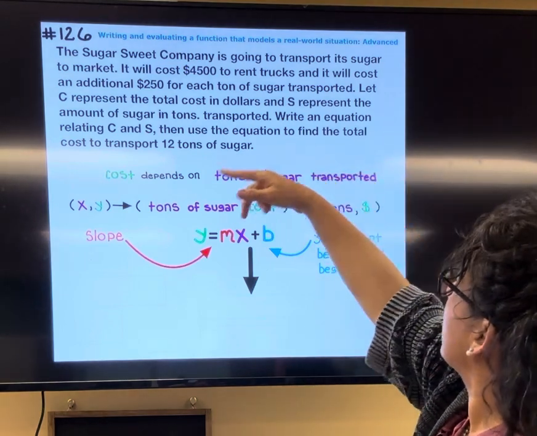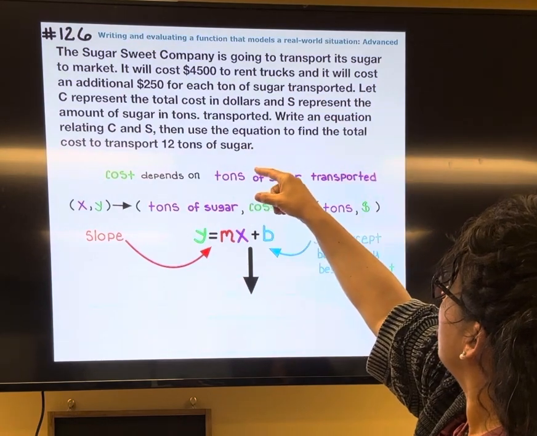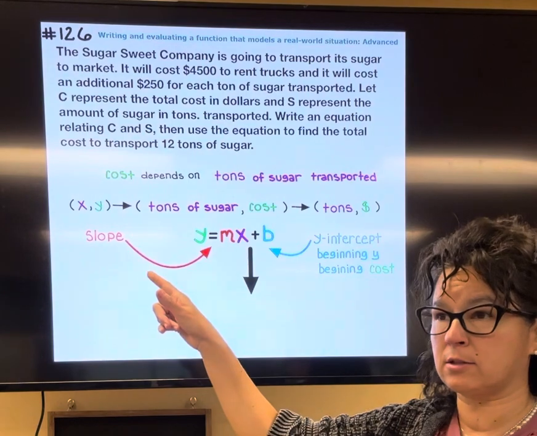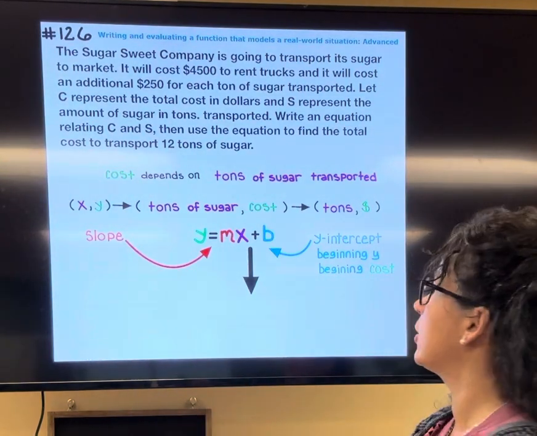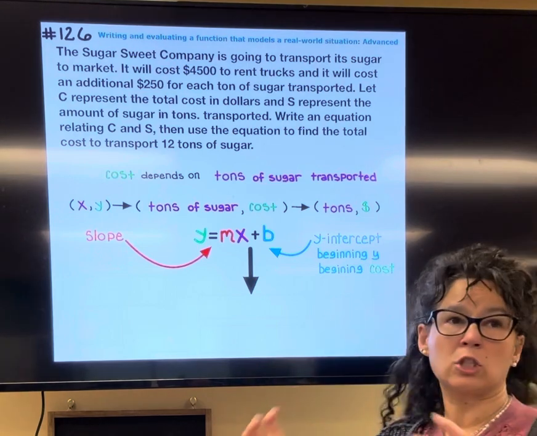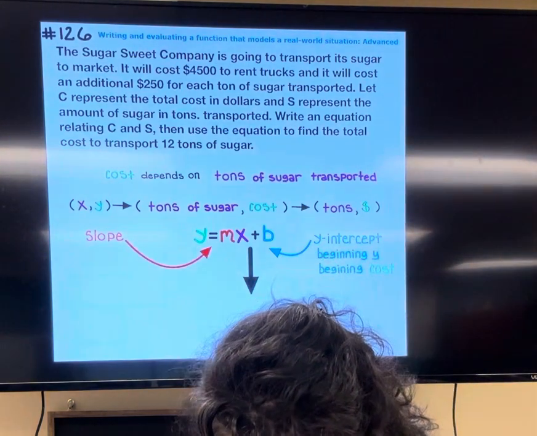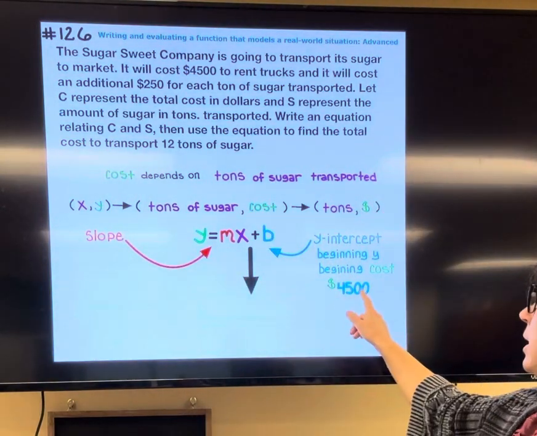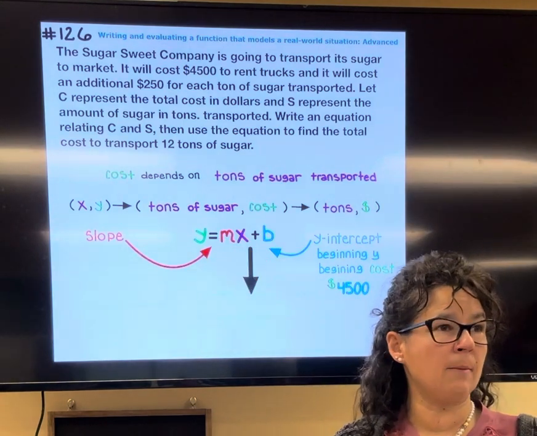Let's look back up here. It says that it's going to cost $4,500 just to rent the trucks, and then after that, it's going to cost so much per ton. So the starting amount of money is going to be $4,500. So we now know the B value. Now we've got to figure out the M.